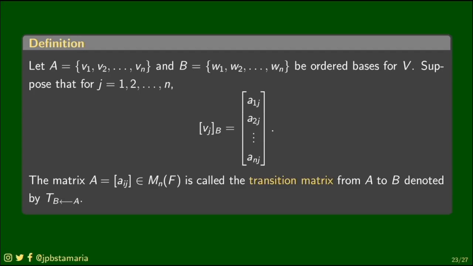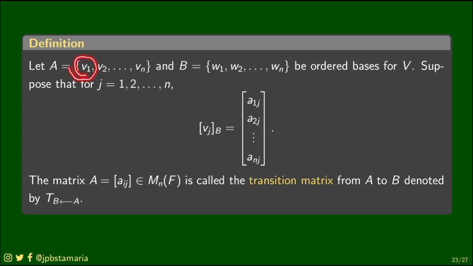Suppose that for j, from 1 to n, these are the old basis vectors. You can consider these as the old, and these ones as the new.